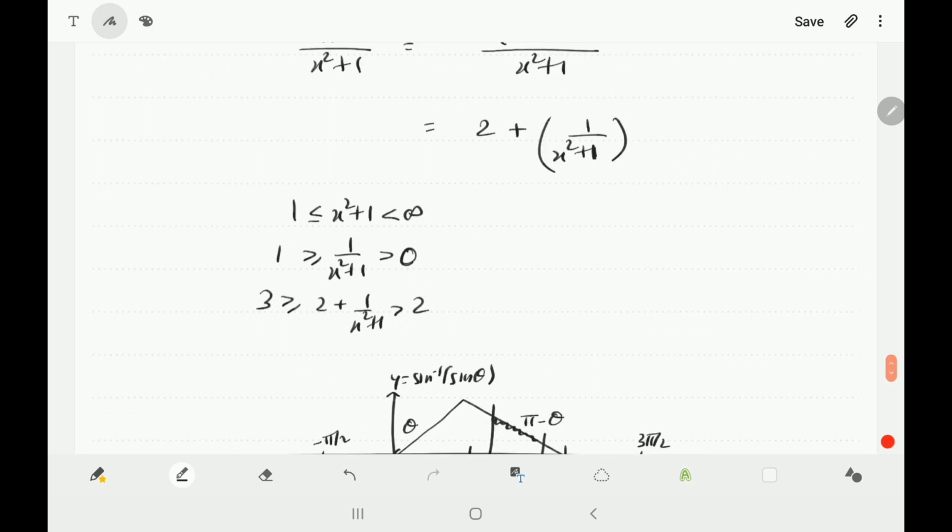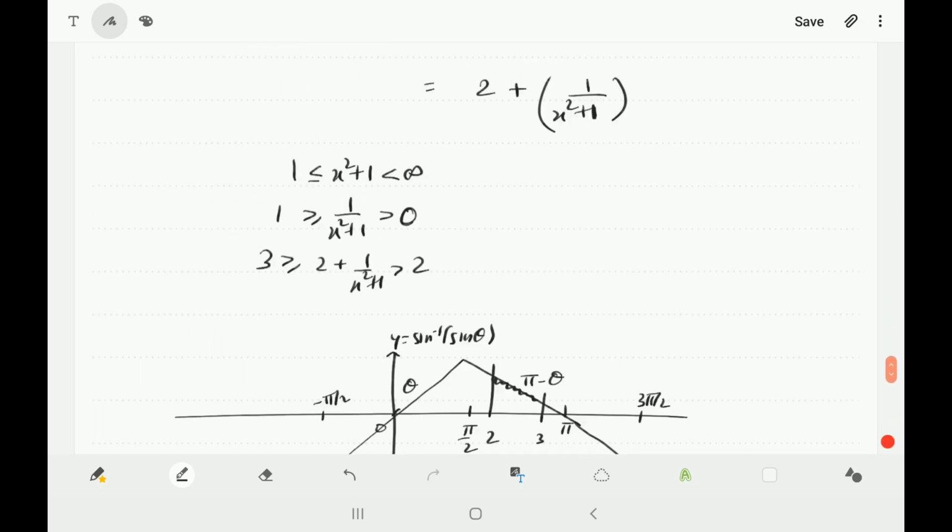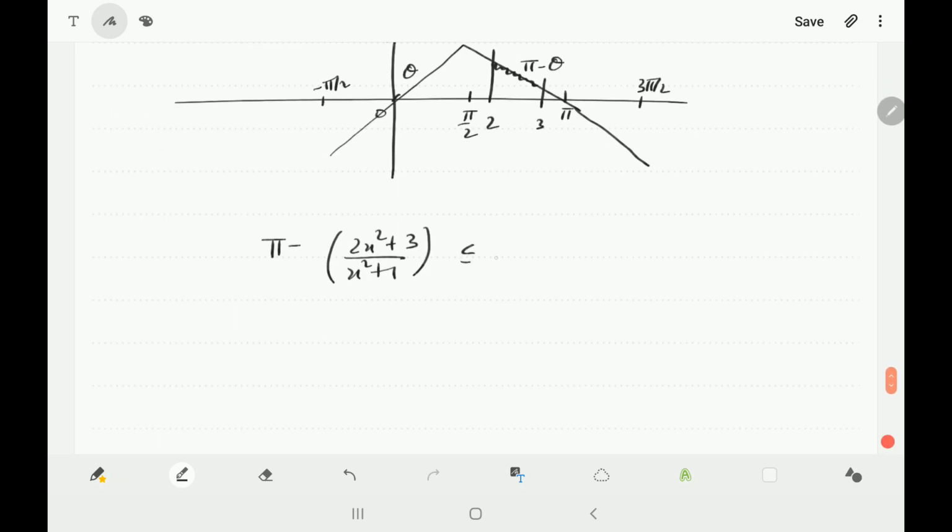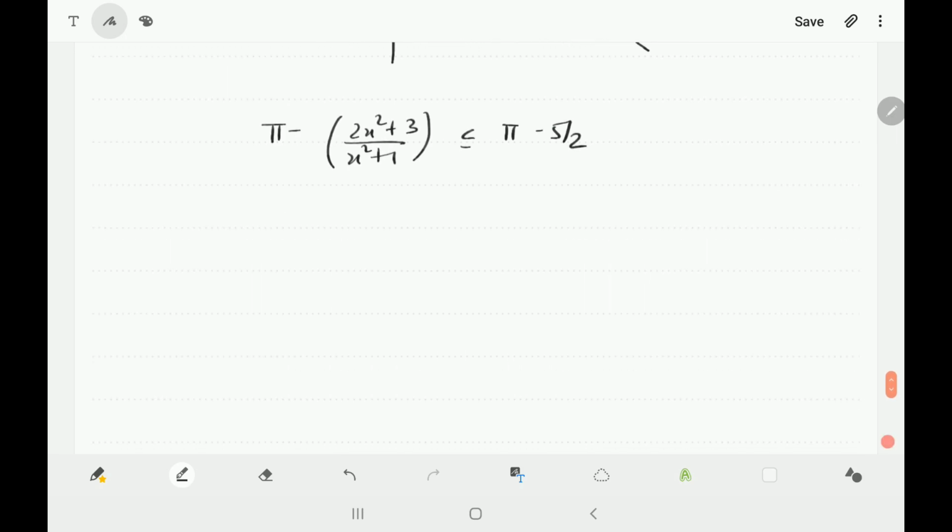We have opened this term as π minus theta, which is already given to be less than or equal to π minus 5/2. Now from both sides, π will cancel out. If you multiply both sides by -1, the inequality will change, so you will have the term (2x² + 3)/(x² + 1) greater than or equal to 5/2.